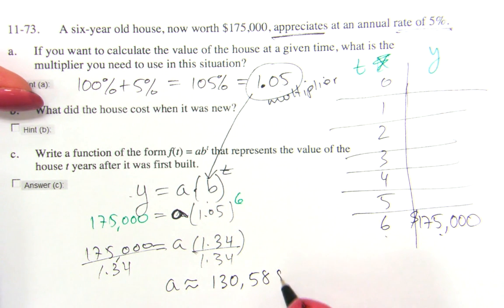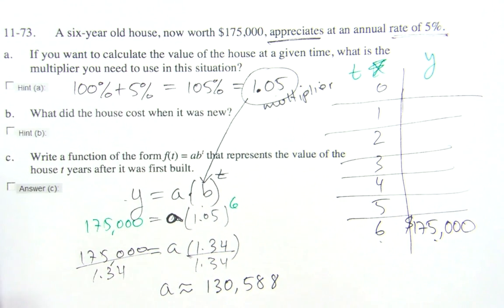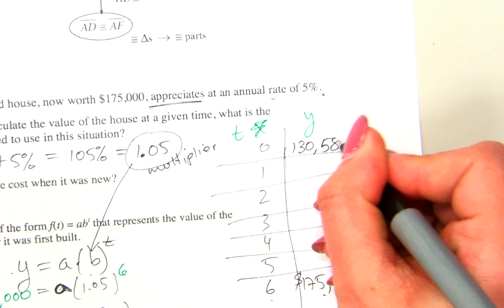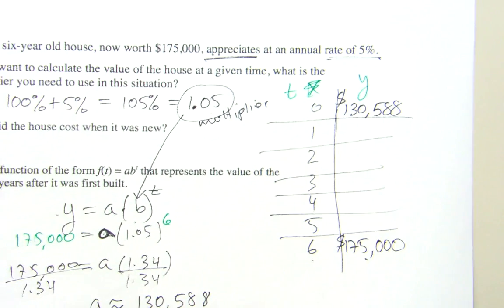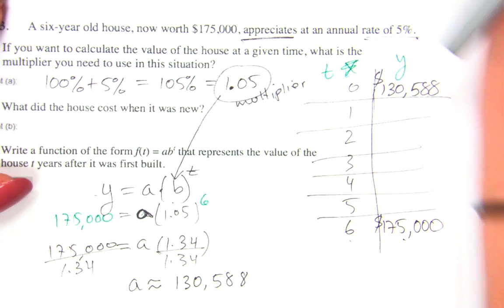I'm going to round to 588 because I'm assuming the house can't cost 69 cents or something like that. So that means when we first bought the house, 130,588. That's how much it cost, which again is definitely not in California. Unless, you know, you're buying a 1-bedroom something or another.